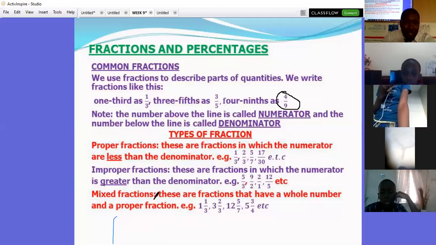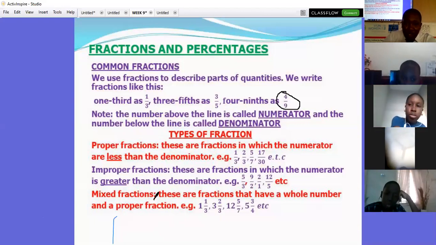So let's look at improper fractions. These are fractions in which the numerator is greater than the denominator. For example, we have 5/3, 9/2, 2/1, and 12/5. So who can give me another example of an improper fraction? Anybody in the house?